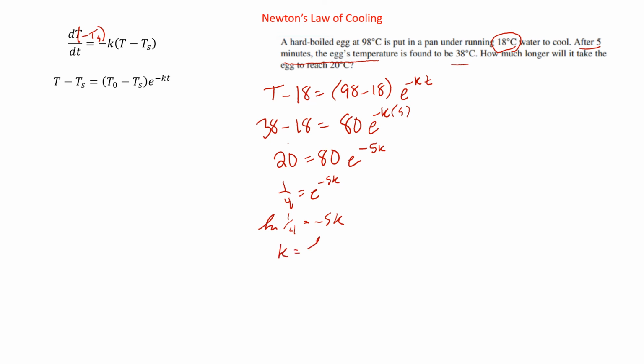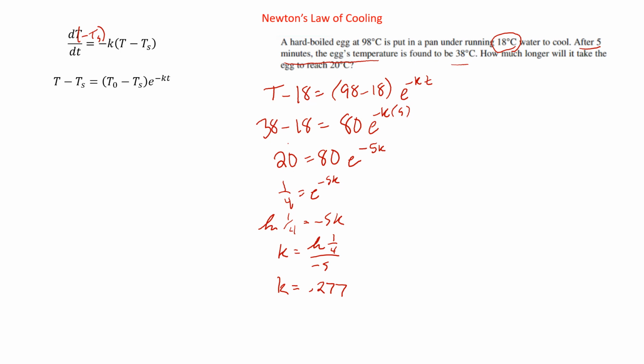So k is going to equal natural log of 1/4 over negative 5, which is 0.27725 something. So I'm just going to say k equals 0.277, knowing that I'm not actually going to use that. I'm going to use the more exact number in the calculator.